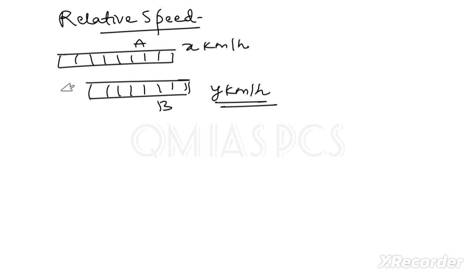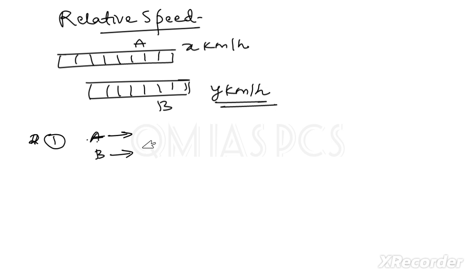Now we have to consider two cases. The first case is when both trains are traveling in the same direction. A is traveling in this direction, and B is also traveling in this direction.